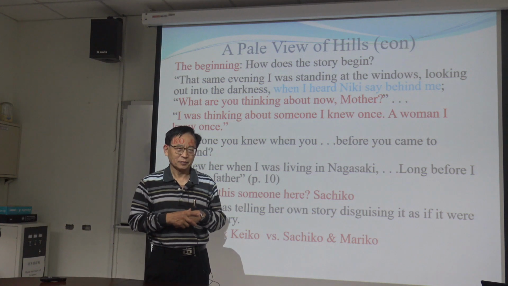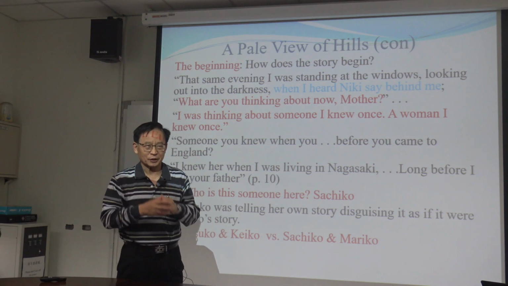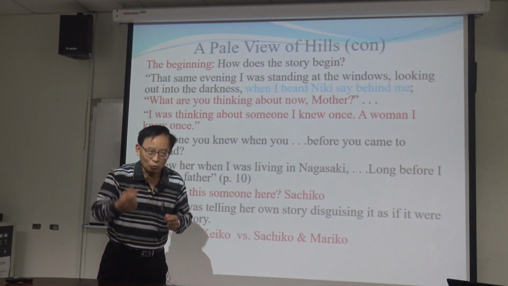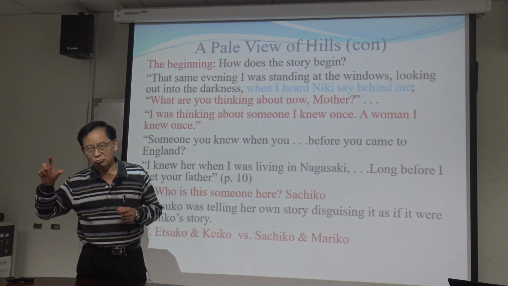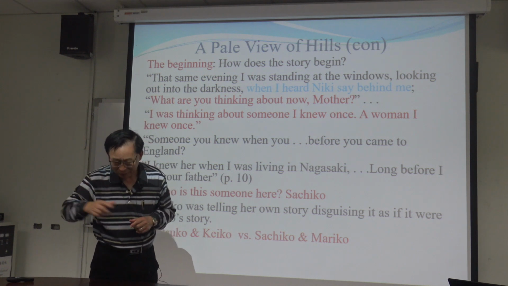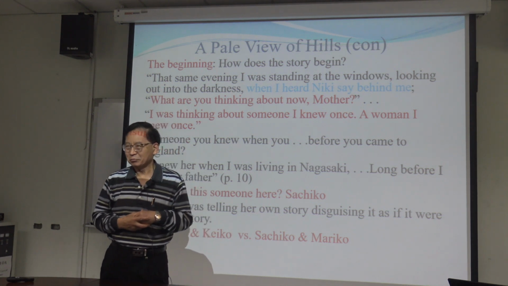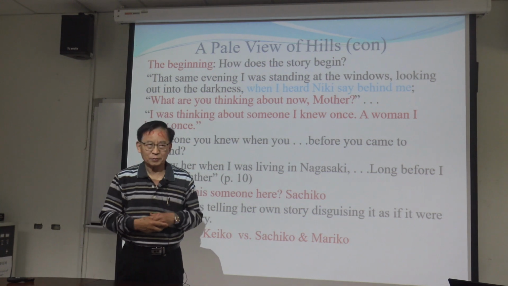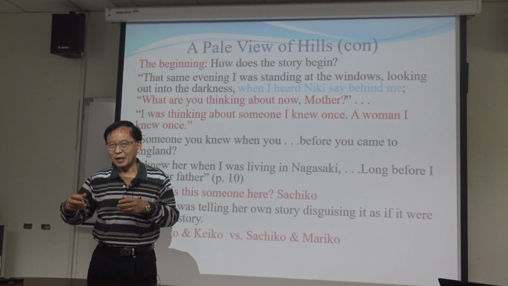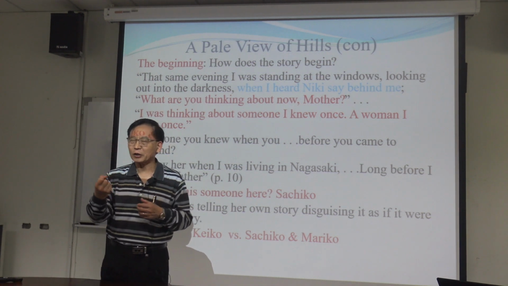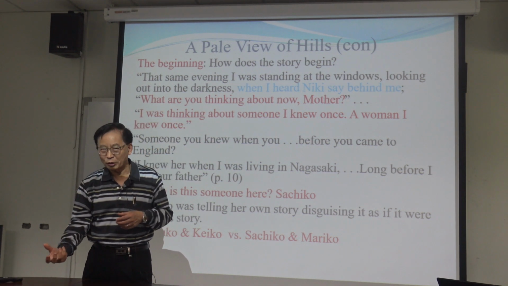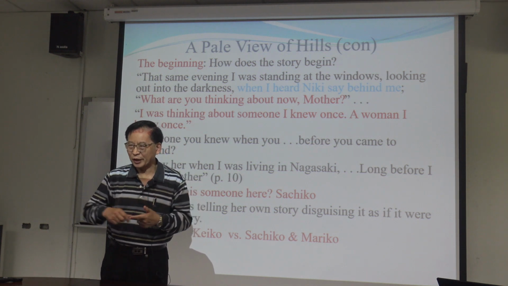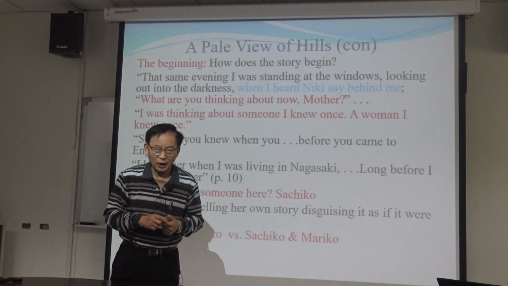But in the story, these two, Niki and the mother, always return to Keiko. So you could argue, because she's dead, if Keiko is regarded as a ghost, then the ghost always comes back to haunt both the mother and the younger sister, both Etsuko and Niki.